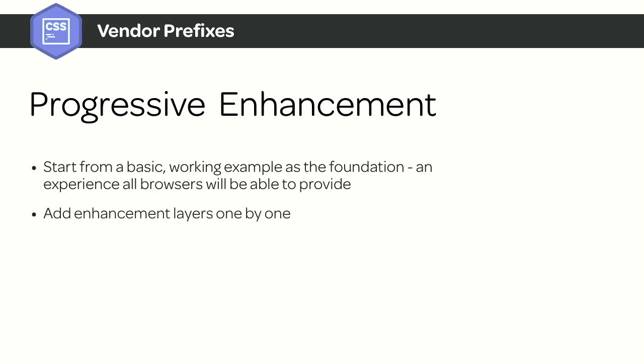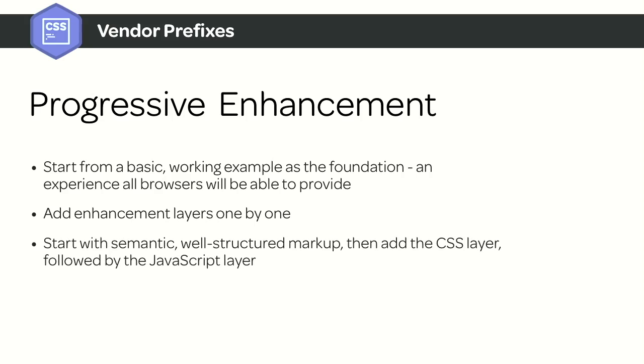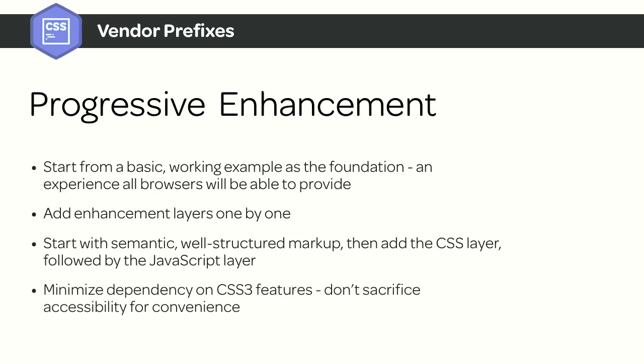We then add those enhancement layers one by one. With progressive enhancement, it's important that we start with semantic, well-structured markup, then add that CSS layer followed by the JavaScript layer. Now, this minimizes dependencies on a lot of CSS3 features because we don't sacrifice accessibility for convenience.